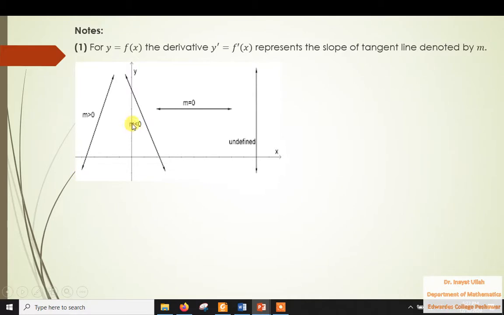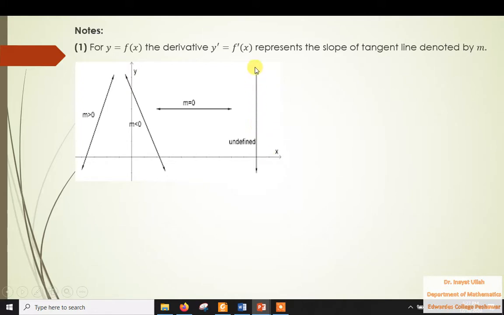And whenever the derivative is 0, the line will be parallel to the x-axis. So whenever a tangent line is parallel to the x-axis, we say that the derivative of the function at that point is equal to 0.